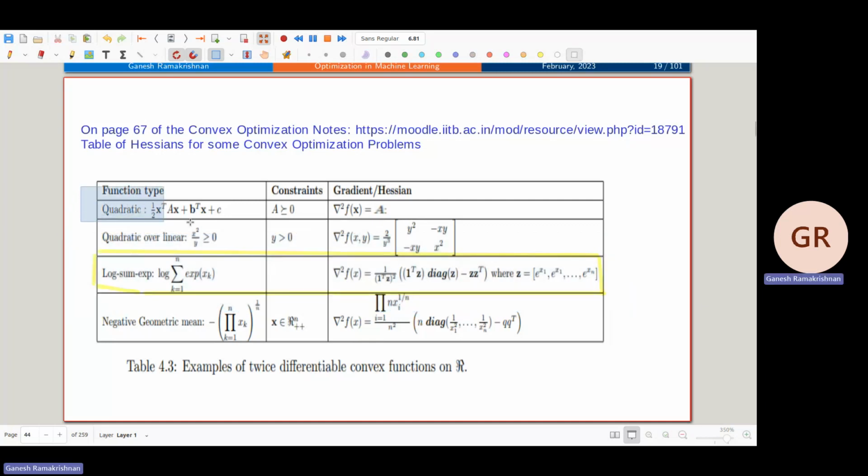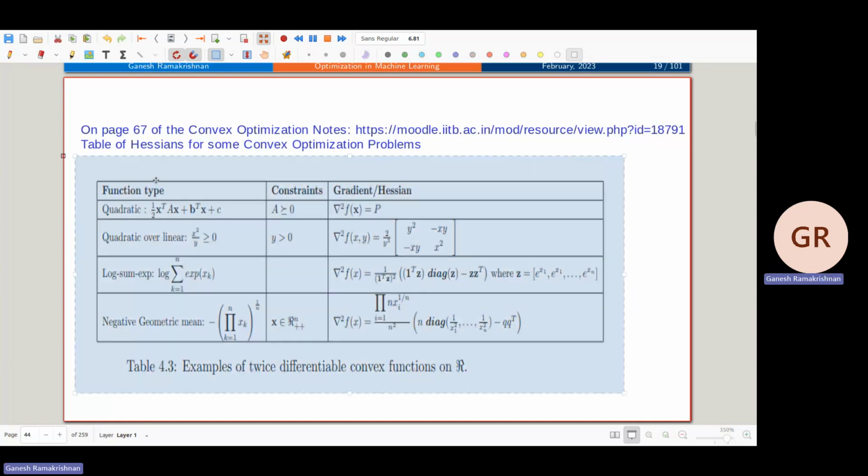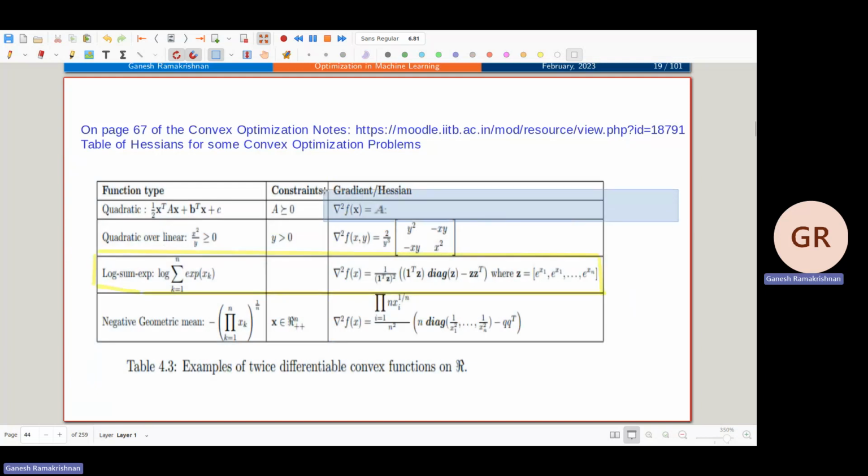The others are easy. Like for the quadratic term, it's very easy. x transpose A x plus b transpose x plus c. The b transpose x term will disappear with the double derivative, since nothing is left, right? So all that will remain is A. X transpose A x, double derivative will just give you A. And I'll give you a rule of thumb from this.